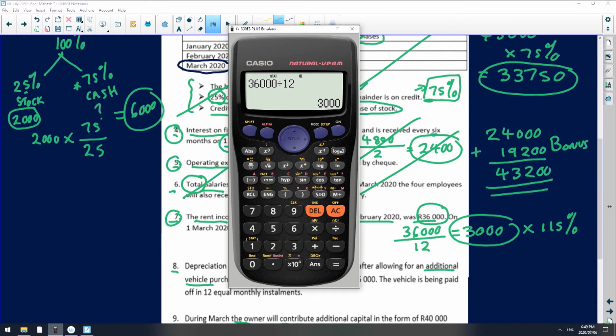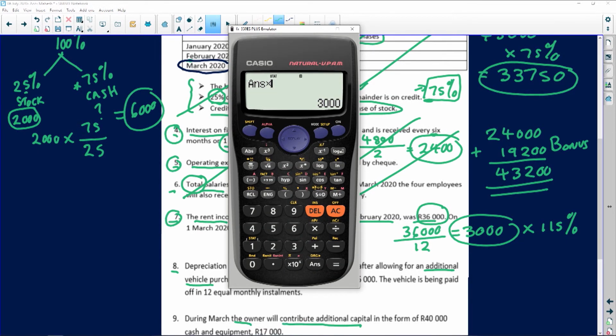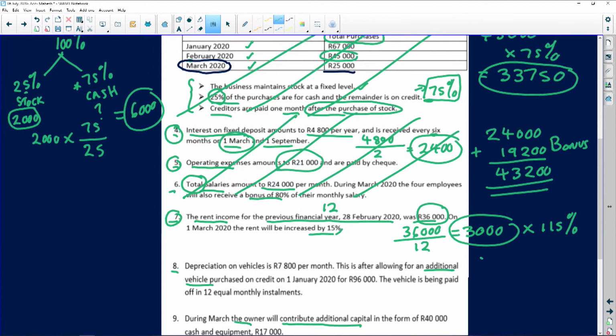Let's get our calculator out. So 3,000 times 115 divided by 100, 115%, right? So my new rent is an amount of 3,450, and that is what I am expecting to receive from the tenant in the month of March.